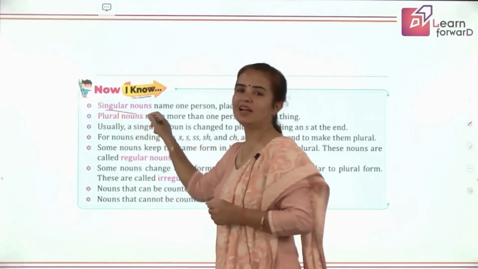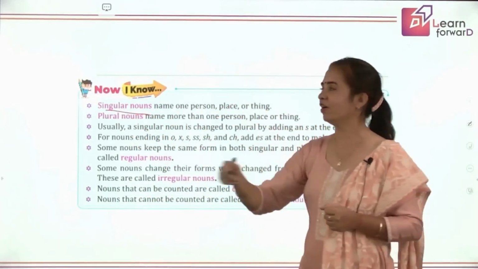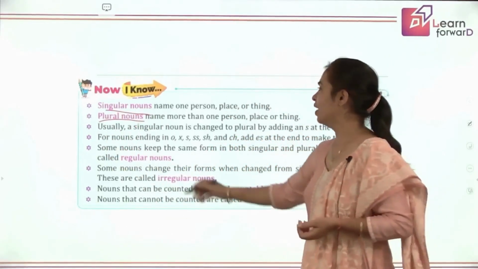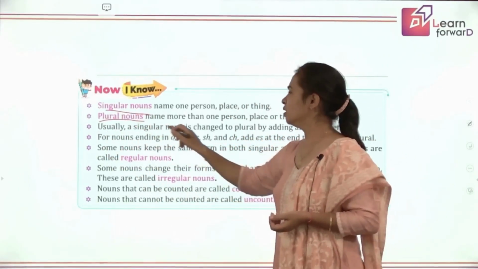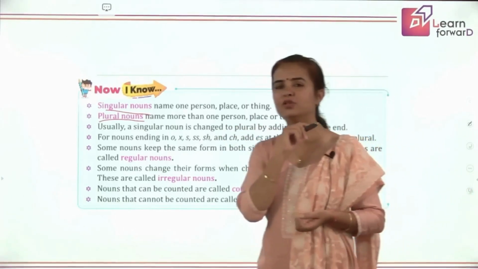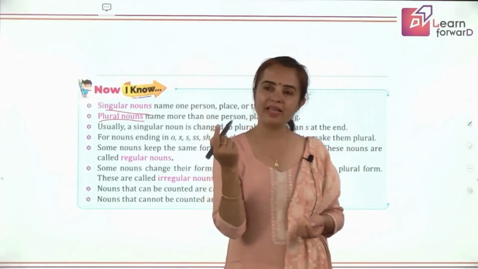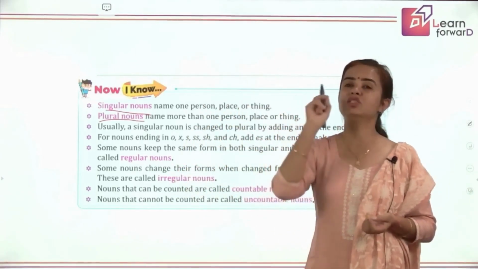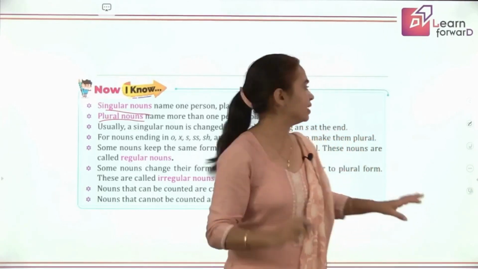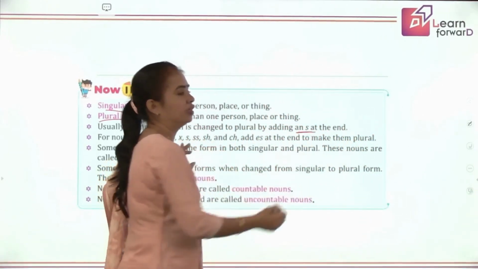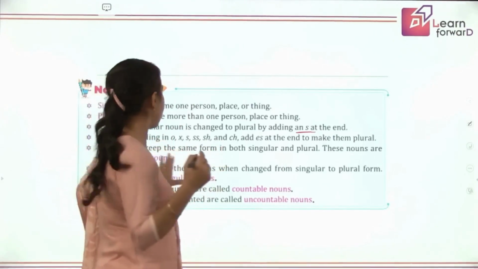The singular nouns already know stand for one. Plural nouns, they stand for many. Okay, then the singular noun is usually changed to plural. What is the first rule I told you? Yes, by adding s. And I told you wherever we don't follow any other rule, the general rule of adding s is followed. So this is what is mentioned here. The general rule is adding s.